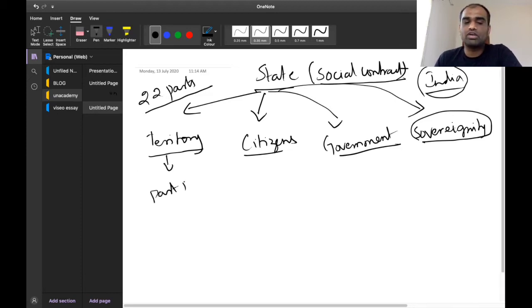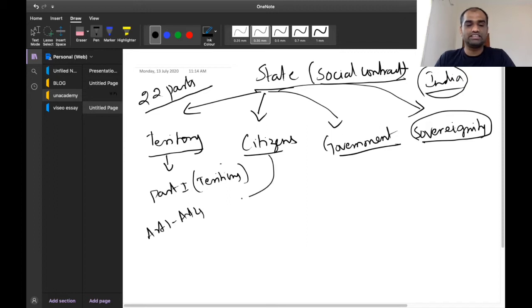What does Part 1 talk about? Part 1 talks about the territory of India. Article 1 talks about what constitutes the territory of India. Article 2 talks about which states can join India. Article 3 talks about reorganization of existing states. So, Part 1 talks about territory, which is required for a state. Part 1 constitutes Article 1 to Article 4.